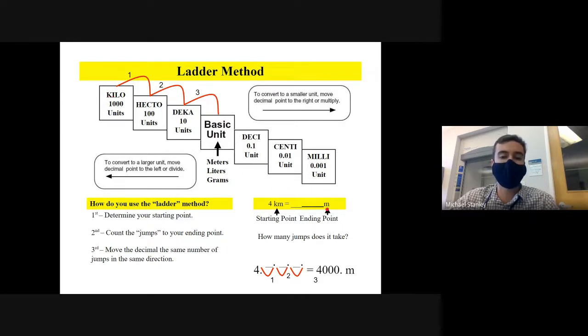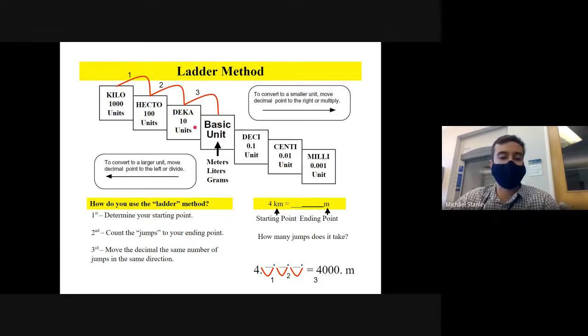Ending point is meters, which, like I was saying, is a basic unit right here. So in order to get from kilometers to regular meters, we have to go 1, 2, 3 jumps to the right on our ladder.